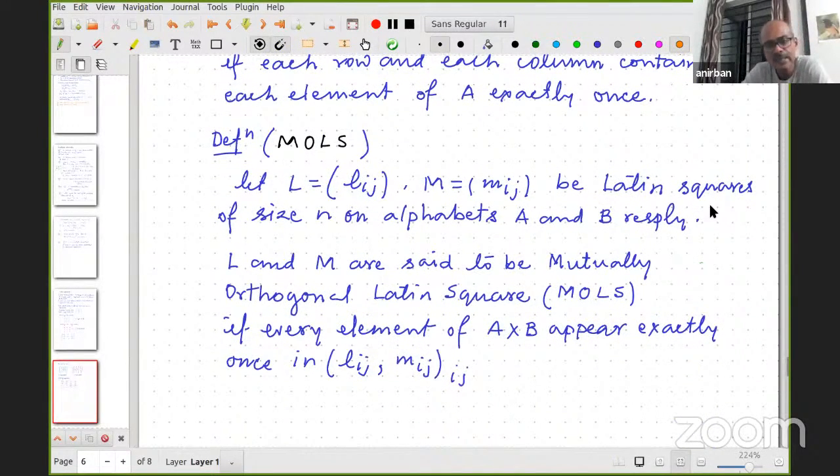Now we say that L and M are mutually orthogonal if every element of A cross B appears exactly once.